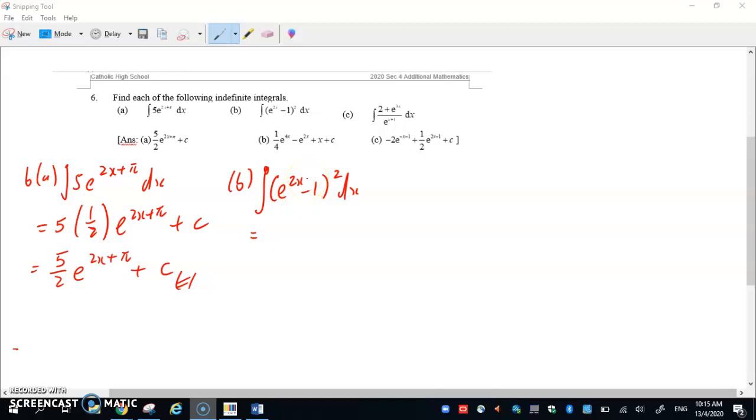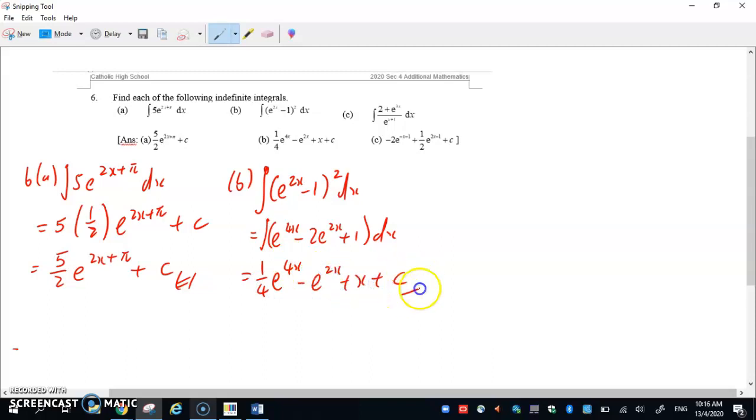So in this case, you need to expand first, and what you get is e to the power 4x minus 2e^(2x) plus 1 dx. And so what you get is basically a quarter e^(4x) minus e to the power 2x plus x plus c, and that's your final answer.